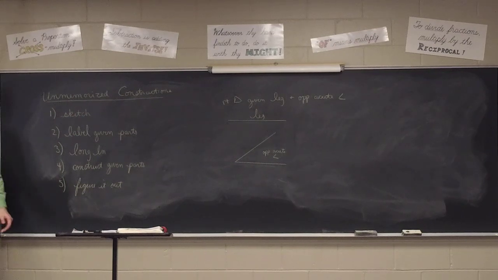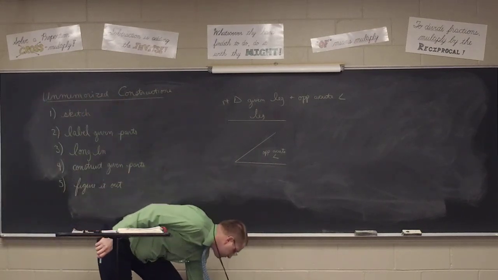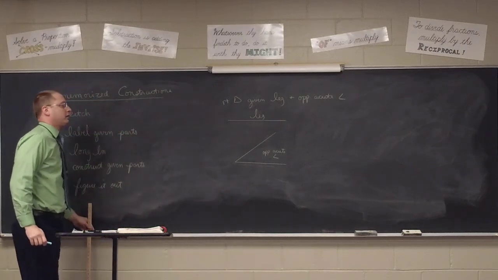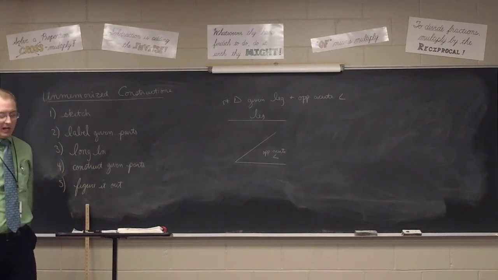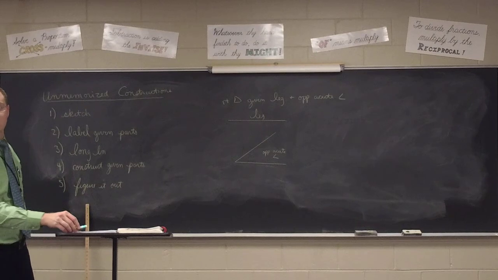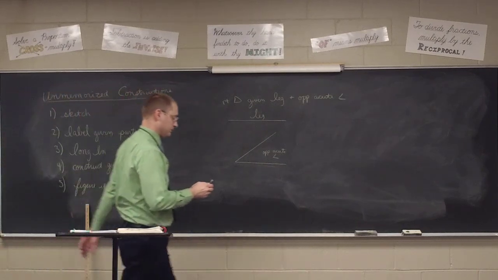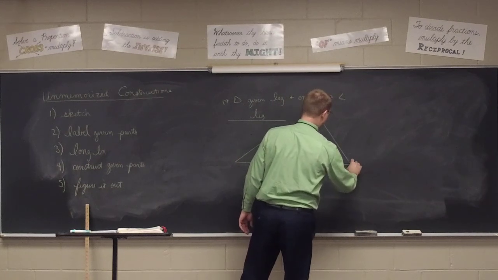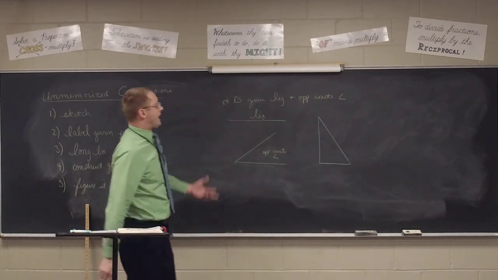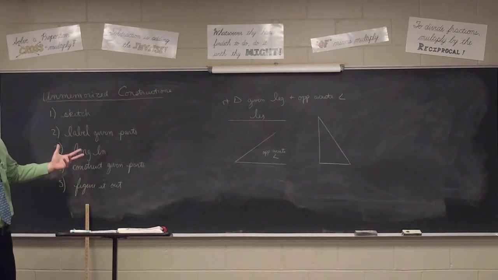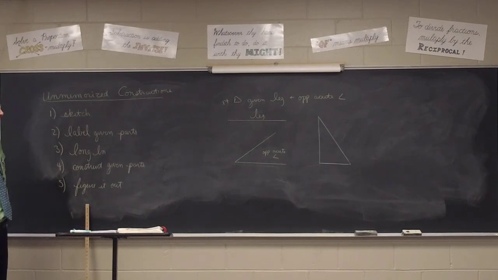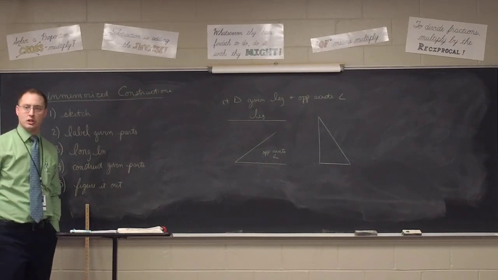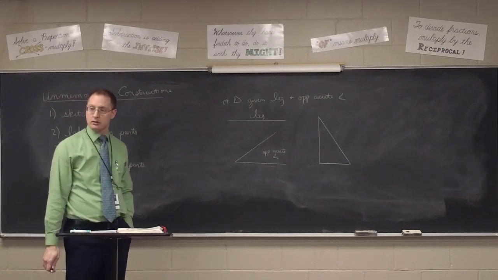We have 5 more minutes. All right. So, what do I start with, class? Sketch. Make myself a right triangle. And I need a leg. Which leg should I label on my sketch? The base one.